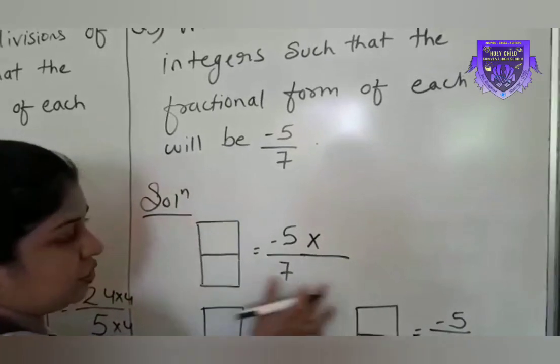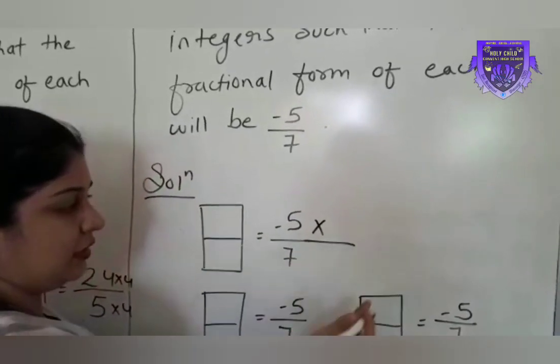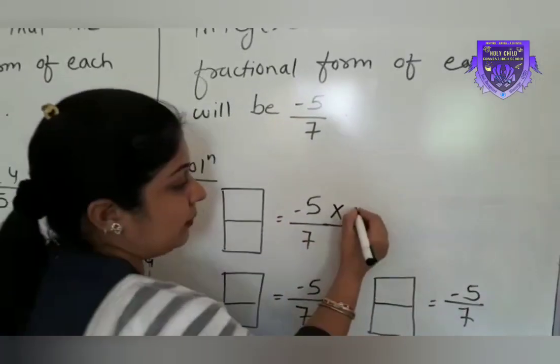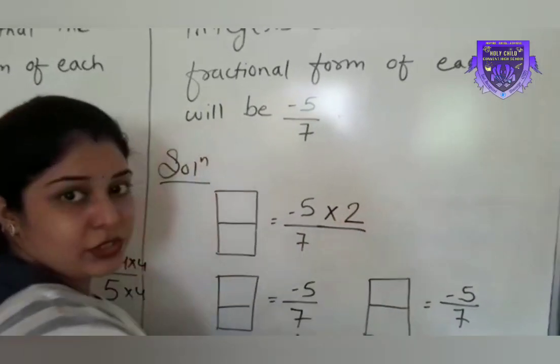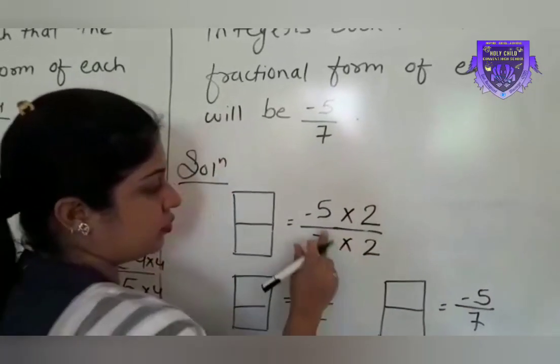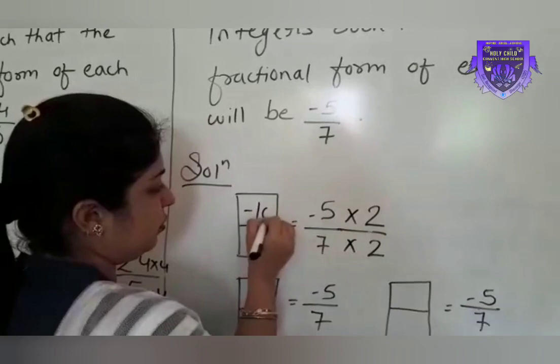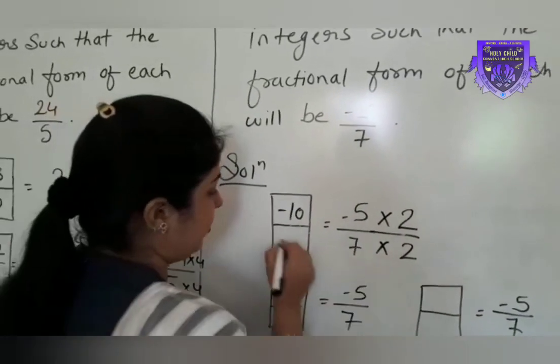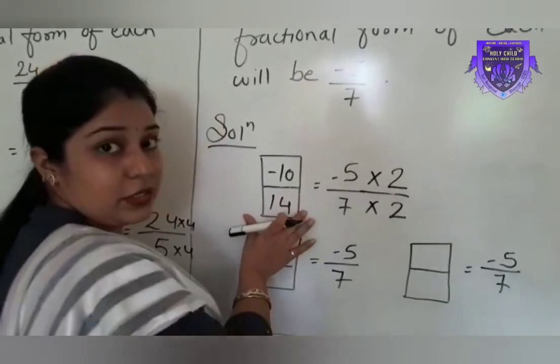Again for getting the question we have to multiply this fraction with other numbers. Since we are getting minus, we will multiply with a positive number. Taking 2 in the numerator and denominator also. 7 twos are 14. So here we will get the answer -14. 5 twos are 10. This is the first pair.